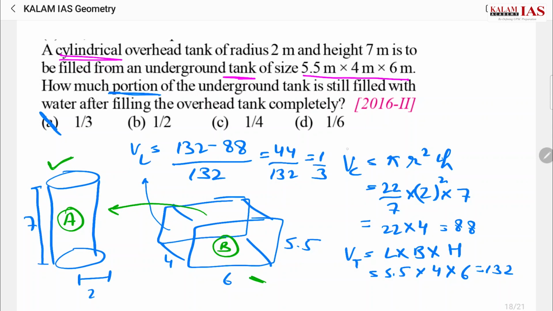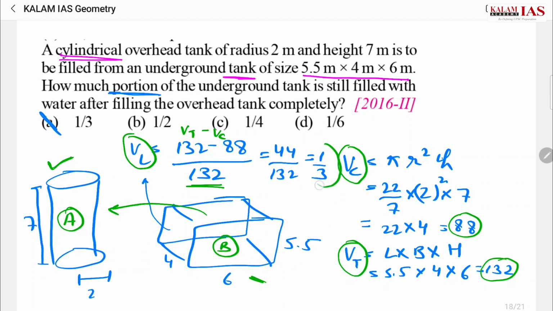So the volume of this cylindrical tank is pi r square h, which is 88, and this volume of this tank is L into B into H, which comes out to 132. So now the volume left in the tank is this volume of the tank minus volume of the cylinder, which comes out to be 44, and now we have to find the portion. So initial it was 132, so 44 by 132 is 1 by 3. So 1/3 of the tank is still filled with water. Coming to the next question.